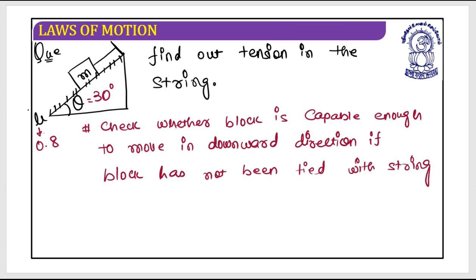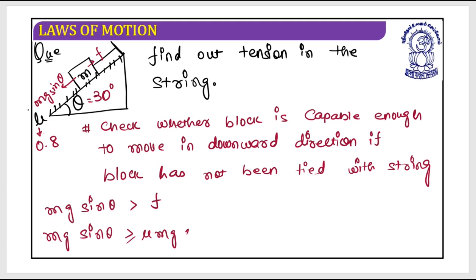In the downward direction the force acting is mg sine theta. Here there is friction, and if mg sine theta is greater than or equal to mu mg cos theta, this mg can be cancelled, and if tan theta is greater than or equal to mu, then it is able to move in the downward direction. Now what is tan theta?